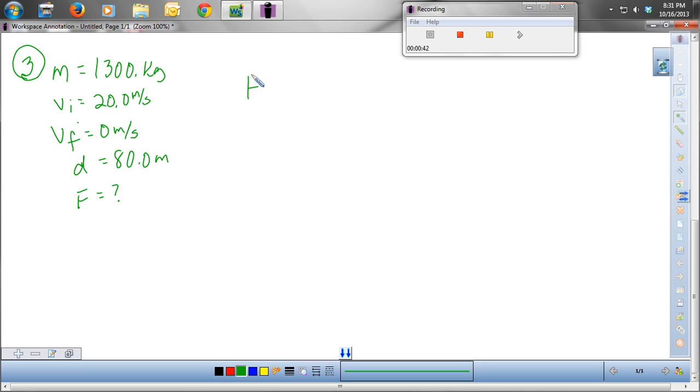Well, the net force is the stopping force, and it's equal to MA. But I don't have A, and I know that VF squared equals VI squared plus 2AD. So I need to write my equation. So my A is going to be VF squared minus VI squared over 2D. VF is 0.